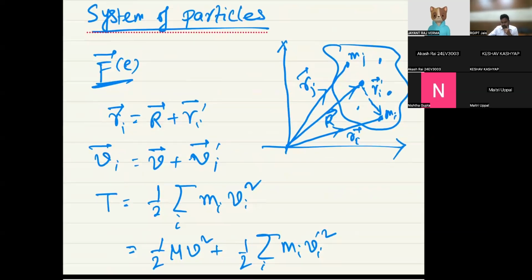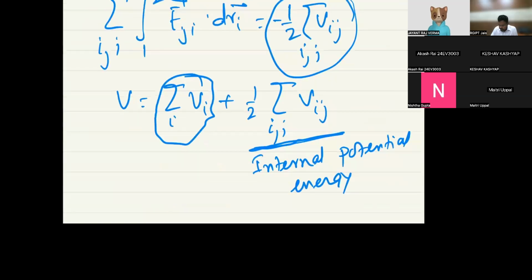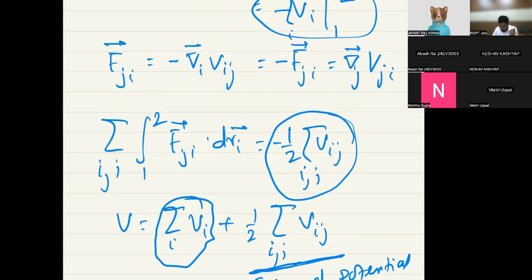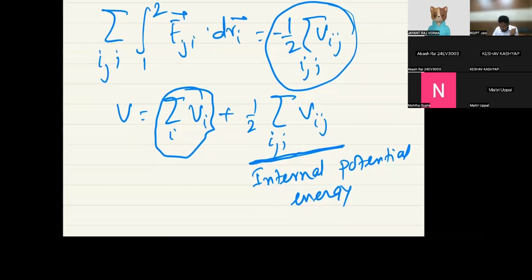That rotation will give rise to some internal energy, and that is represented by this term V_ij. So this way you can determine both the kinetic energy and the potential energy for a system of particles. Any questions so far on the system of particles?